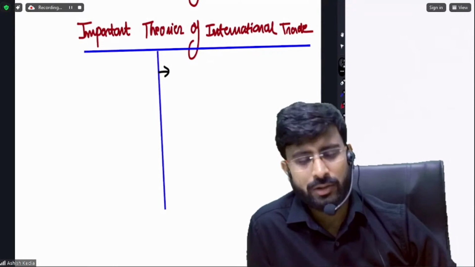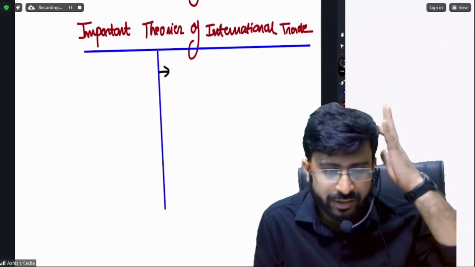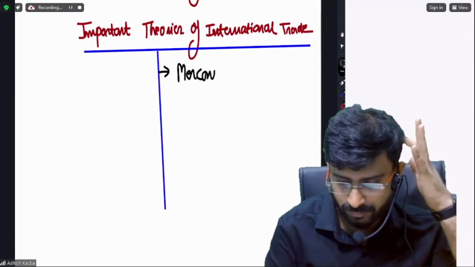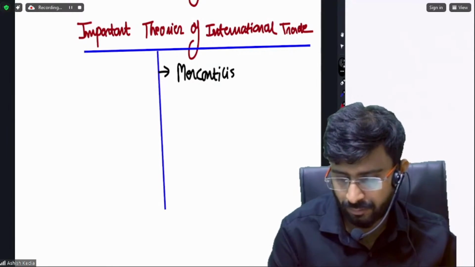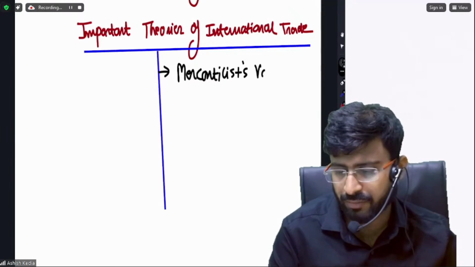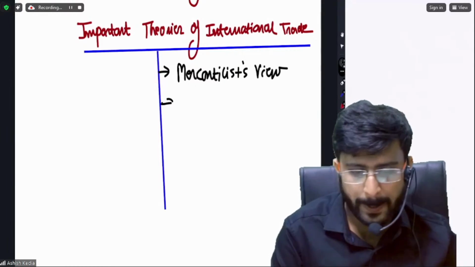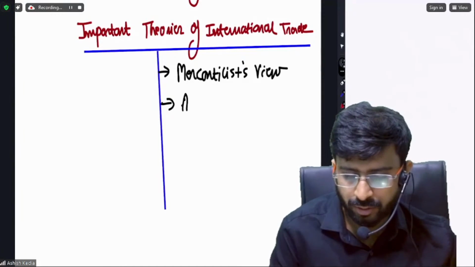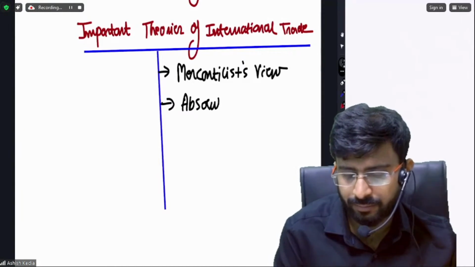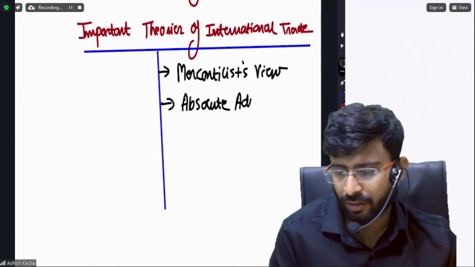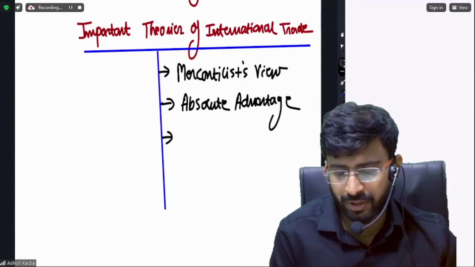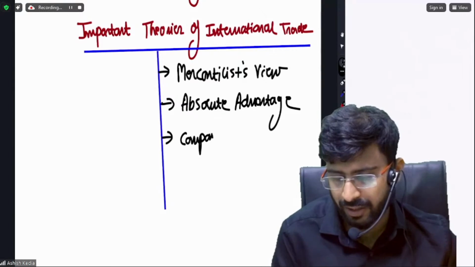Number one theory. What is the number one theory? It is the mercantilist's view. Number two is theory of absolute advantage. Number three is theory of comparative advantage.